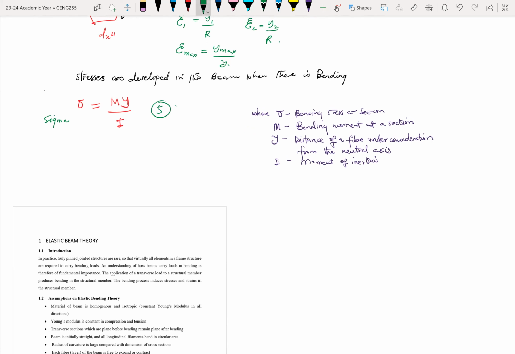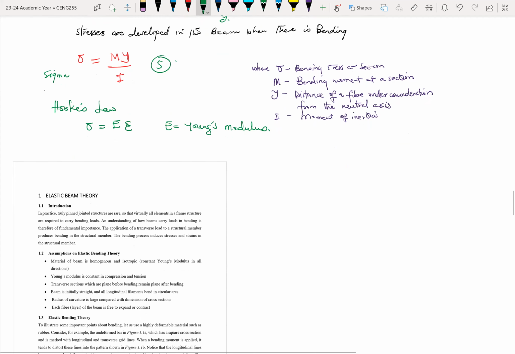Then per Hooke's law, we are looking at the elastic region. From Hooke's law, sigma is equal to E epsilon, where E is the Young's modulus.